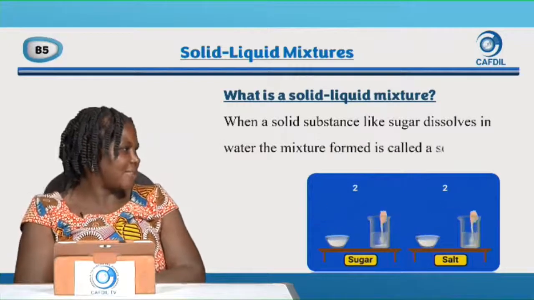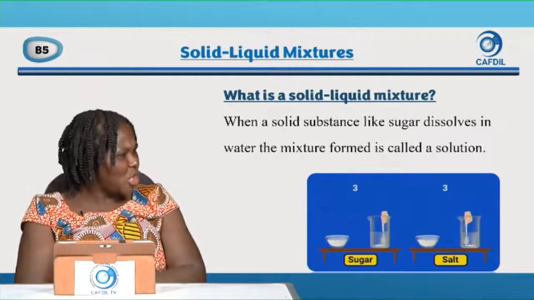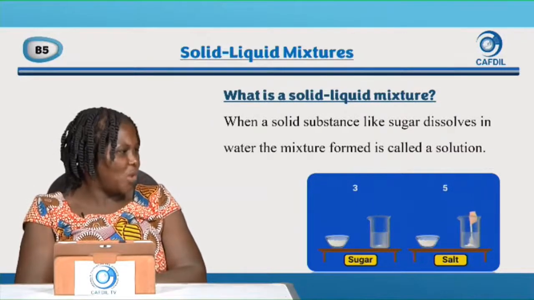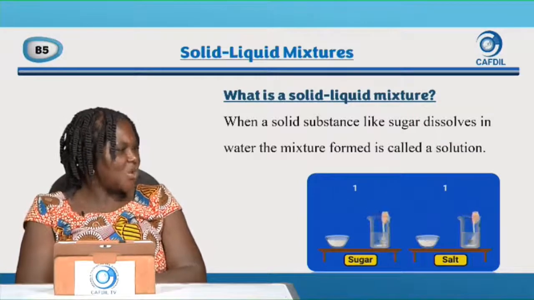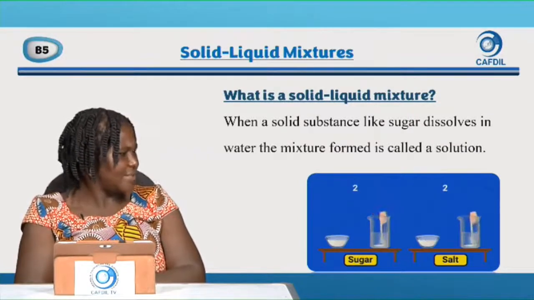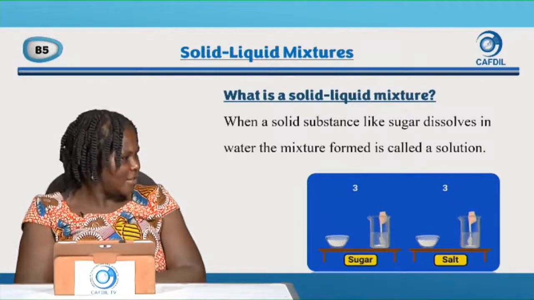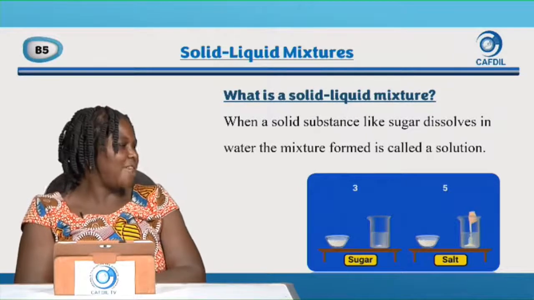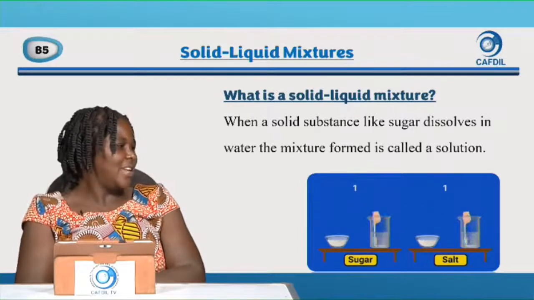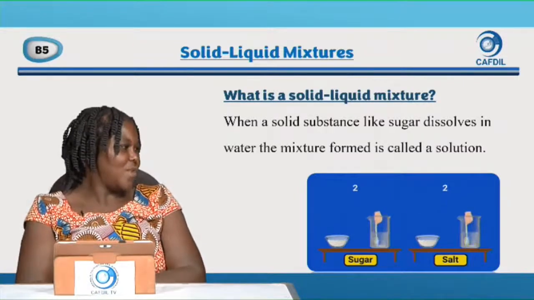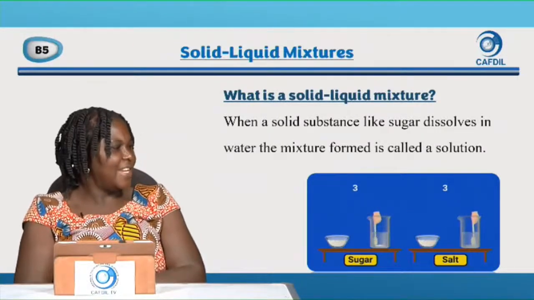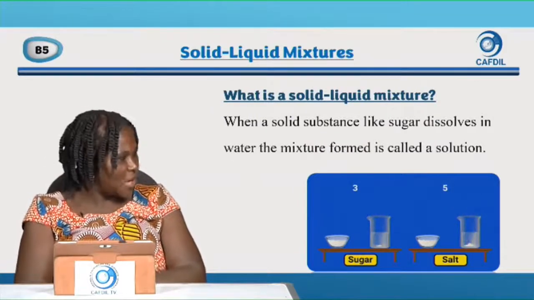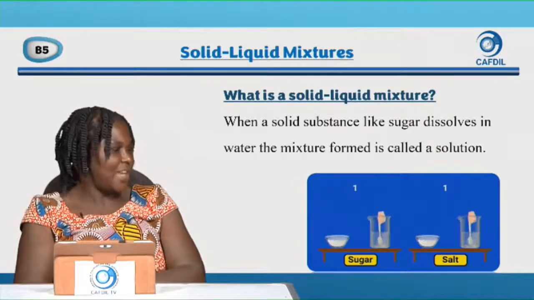So when a solid substance like sugar dissolves in water, the mixture formed is called a solution. This one you can't see individual substance in the container, so it is called a solution. So you have sugar solution and salt solution, and it forms solid liquid mixture.